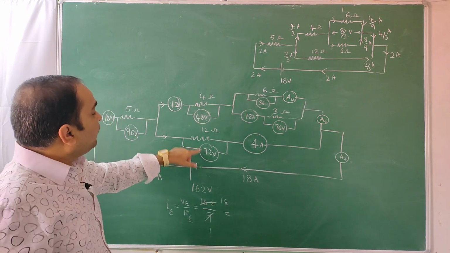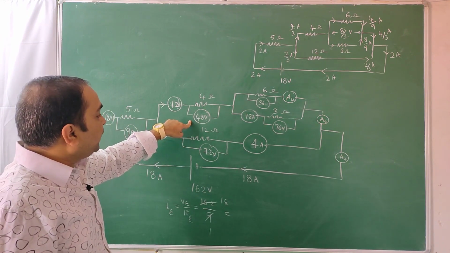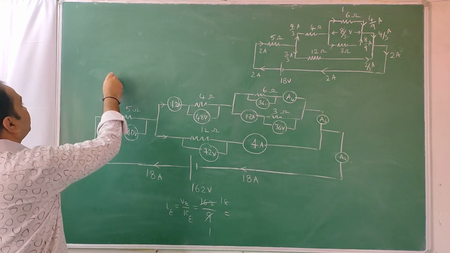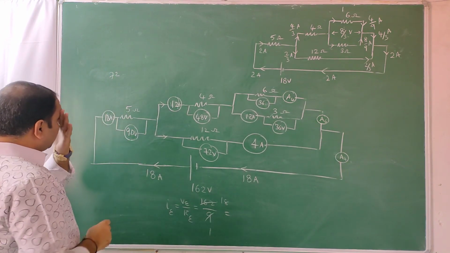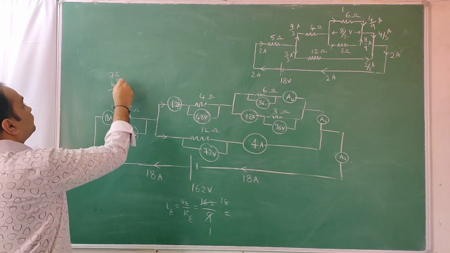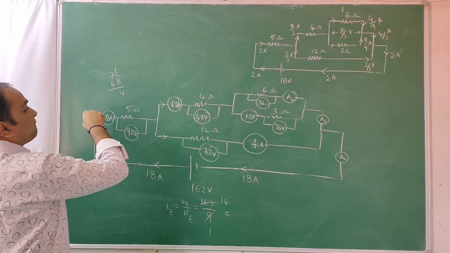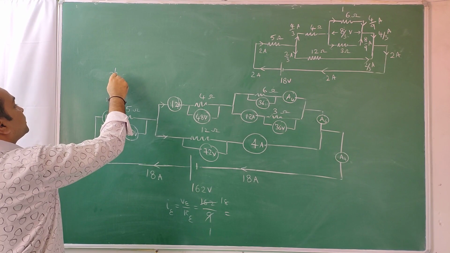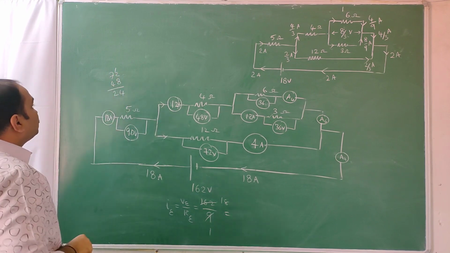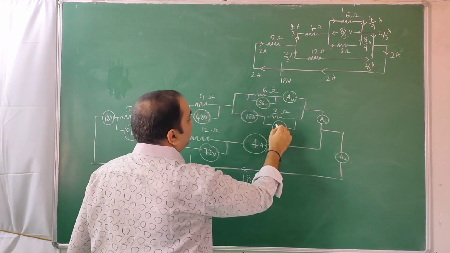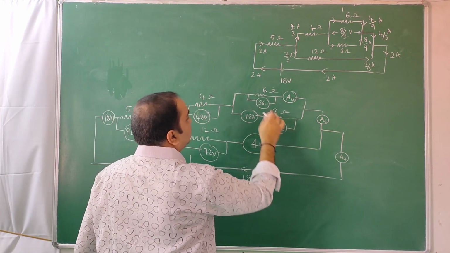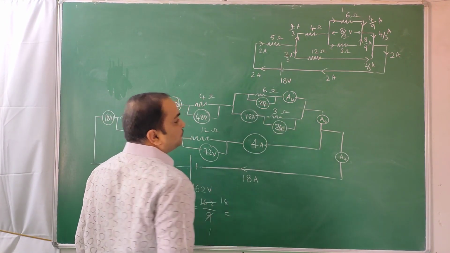One second. 72 minus 48. So what is 162? 72 minus 48 is 24. This is 24 volts. This also will be 24 volts.